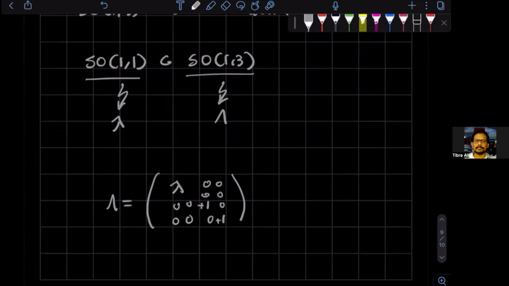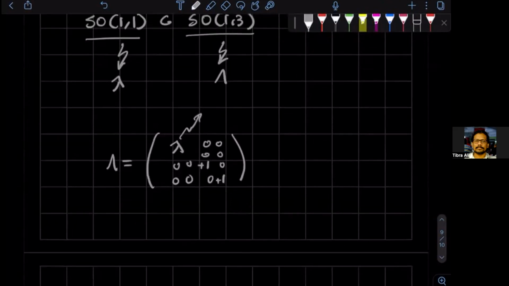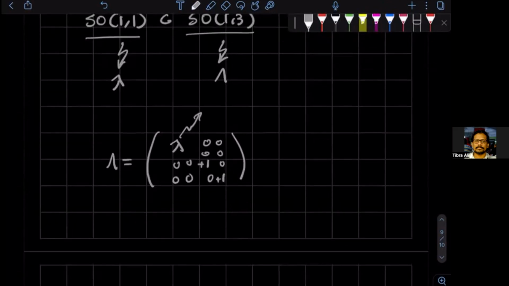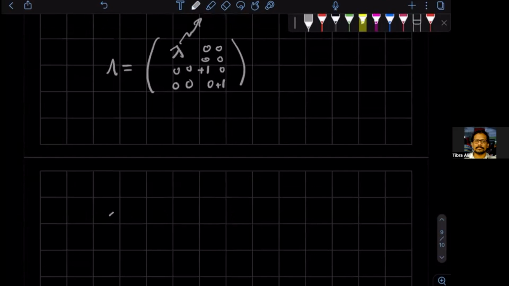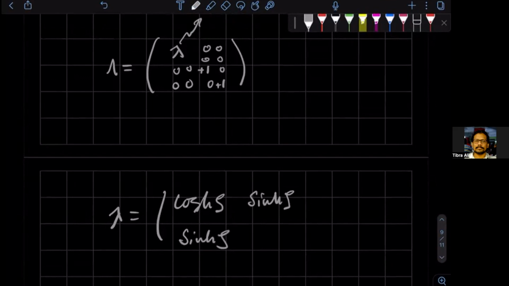So what this means is that this is just the Lorentz transformations in the x direction, right? There are other embeddings. So for example, the lambda matrices, as you know, can be expressed in terms of cosh zeta, sinh zeta, and cosh zeta, right?